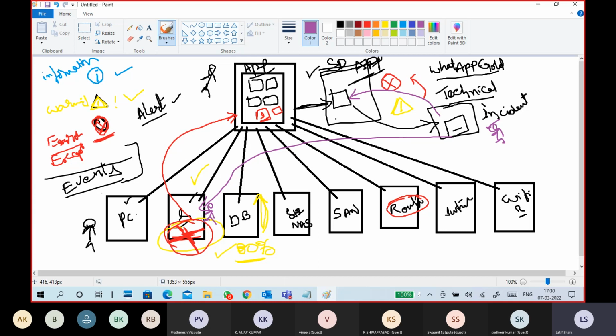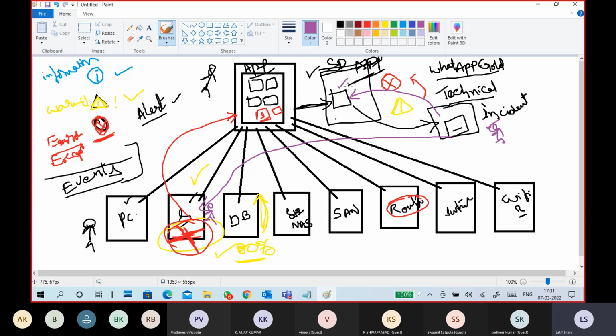Look here. First of all, something has happened, either a warning or an exception has occurred, and the central monitoring system understands there is an issue. It informs the service desk automatically. There are software tools that automatically forward this issue to the service desk.